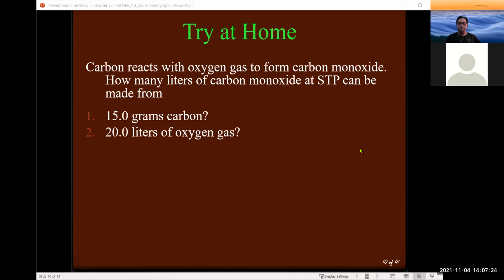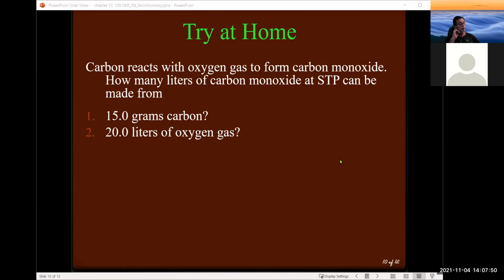All right, so try this at home. Okay, you got 15 grams. Here's the problem. Carbon reacts with oxygen gas to form carbon monoxide. Okay, that's the equation. How many liters of carbon monoxide at STP can be made if you start off with 15 grams of carbon, okay?